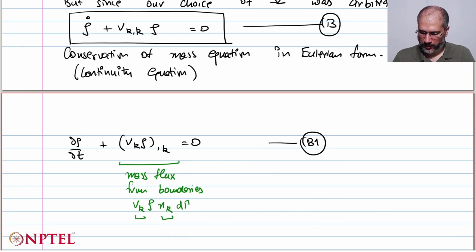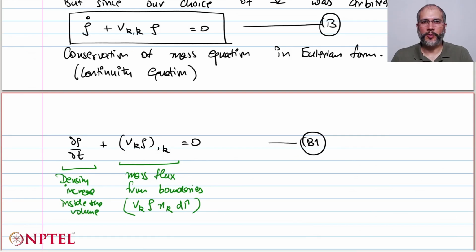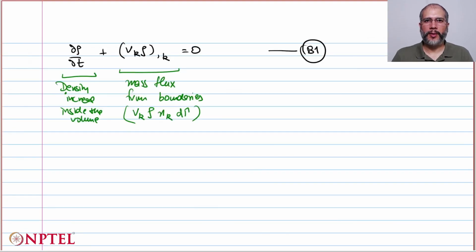So V dot n is the velocity of the material entering normally from the boundaries, and it brings some mass with it. This collectively is called a mass flux, and this term is the density increase inside the volume. So for a given volume, the only way the density can increase inside the volume is by some mass entering from the boundaries.